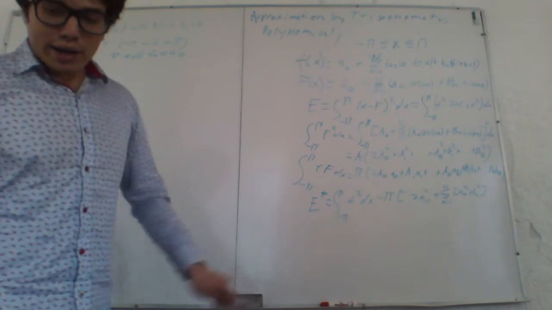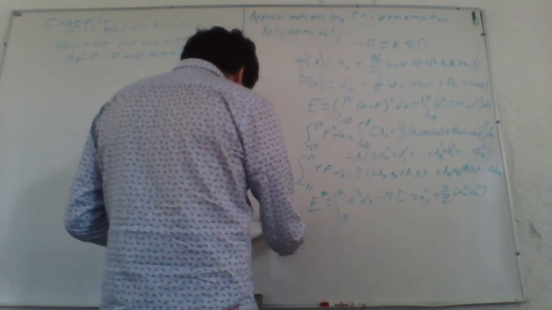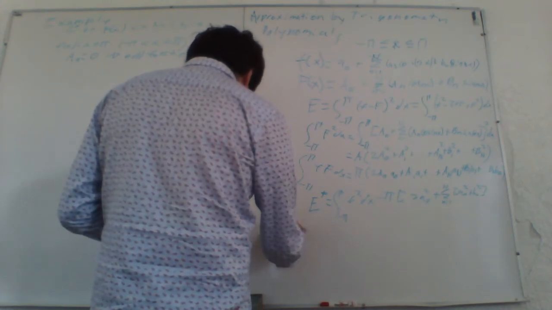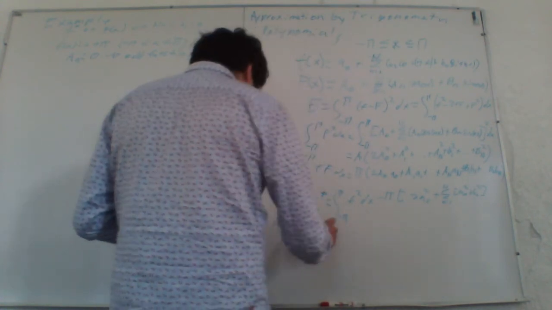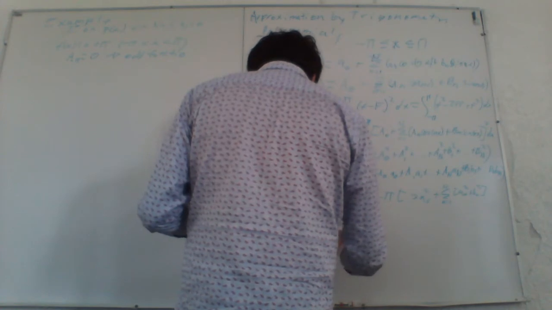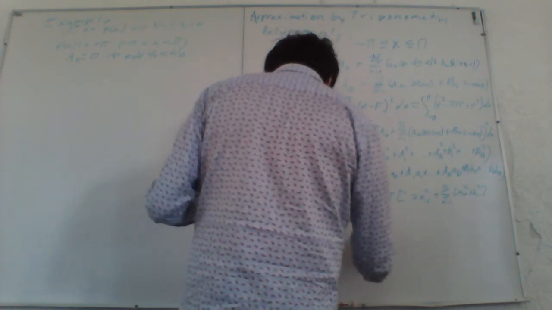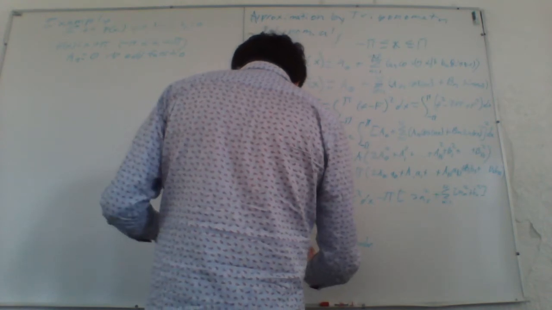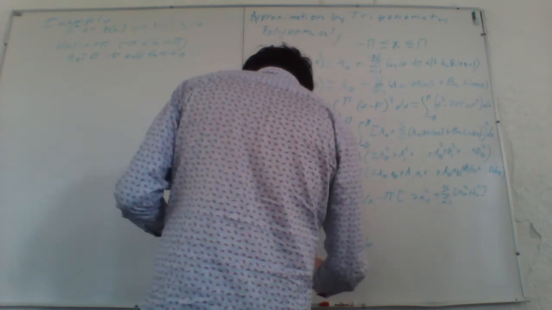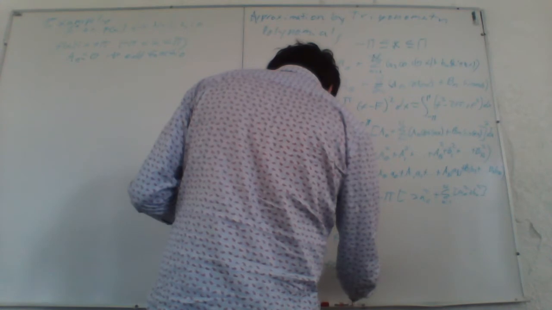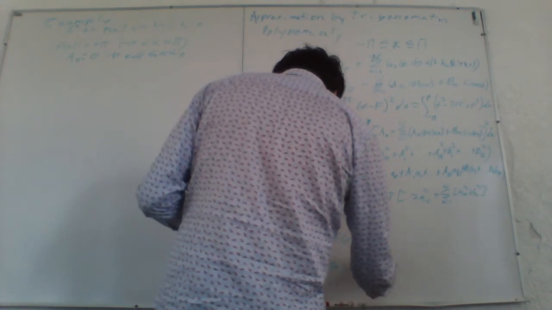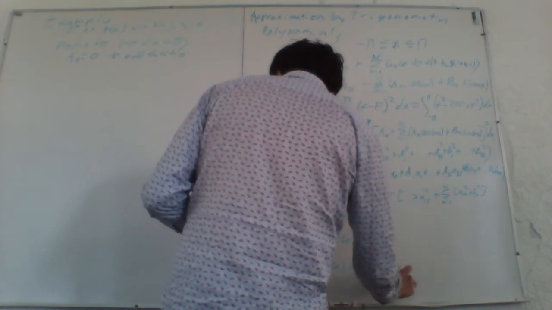Okay, I am going to write over here. The formula of a0 is equal to 1 over L from 0 to L of f(x) dx, and bn is equal to 2 over L from 0 to L of f(x) sine of n pi x over L dx.